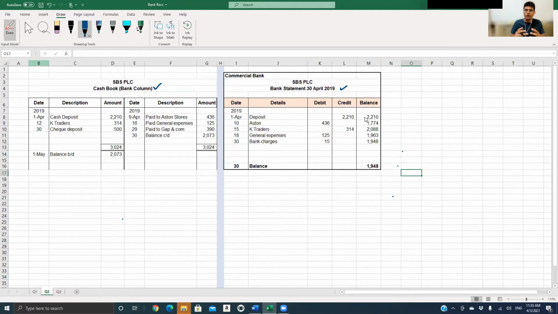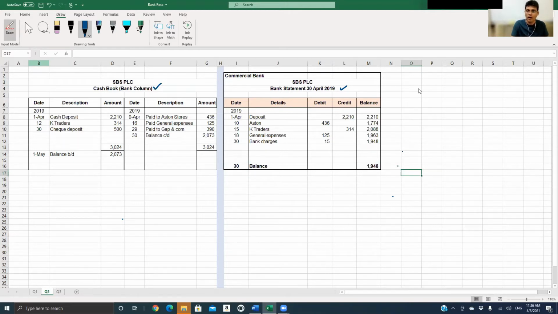So by the end of the month, if the bank has not received any checks or any deposits, that will not be recorded in that particular month. As a result of that, the bank statement balance and the cash book balance will not balance. Then we need to identify the reasons.